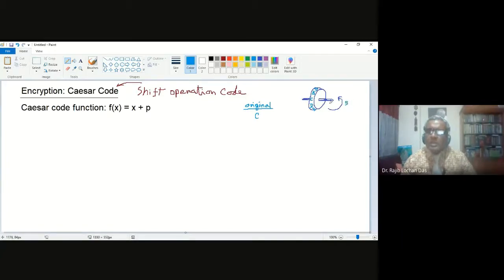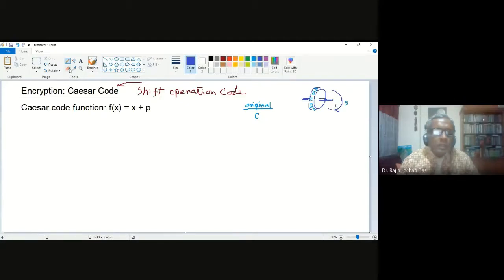So if it is shifted for 5 places, let me use the arrow mark in the other direction. Say the arrow marking is this way, that means we are rotating this in this direction.